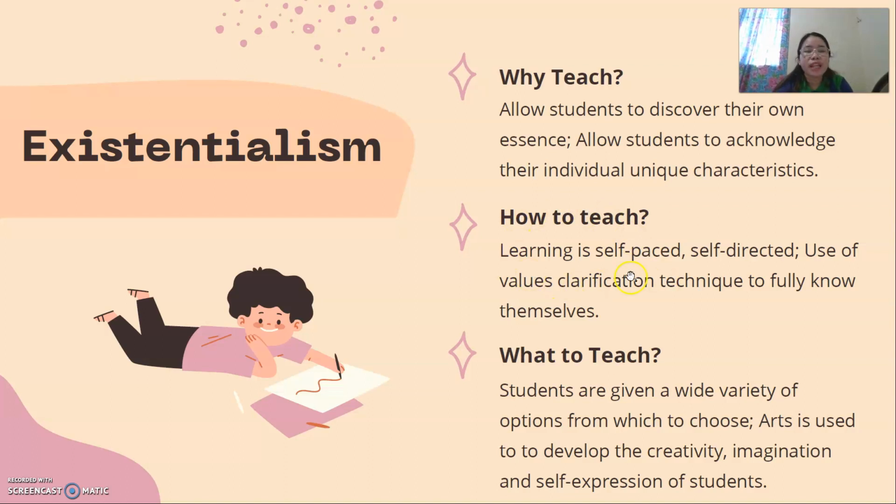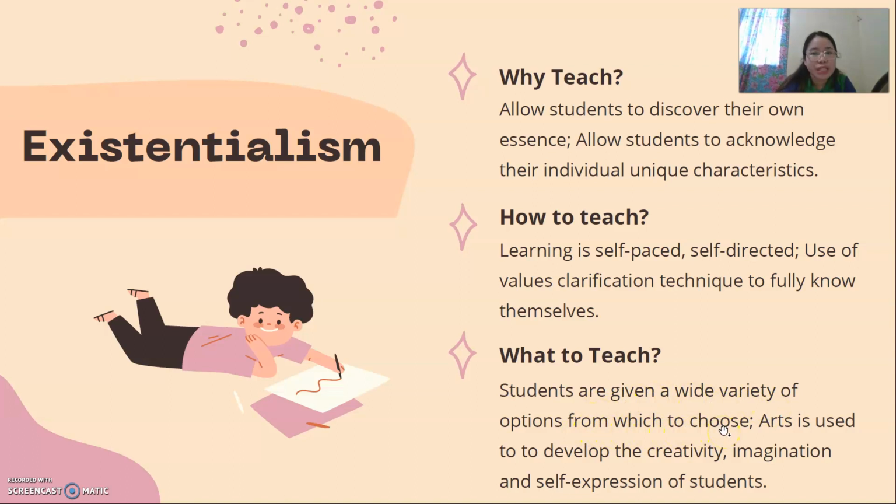Okay, so when you believe that students have to develop that kind of thinking, you are probably an existentialist. When you adhere to existentialism, what do you teach? You give students a wide variety of options from which to choose.